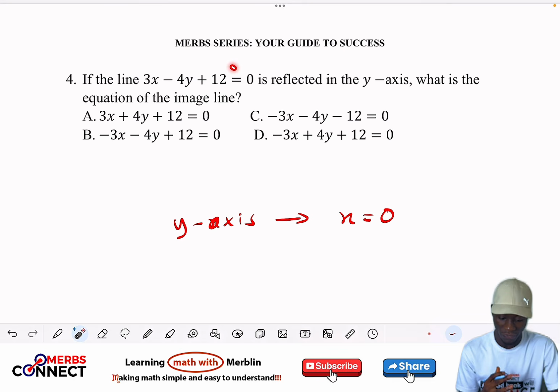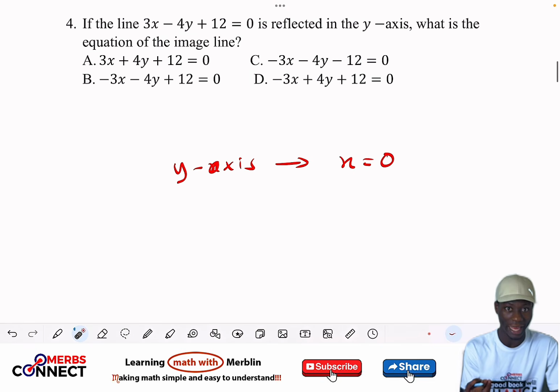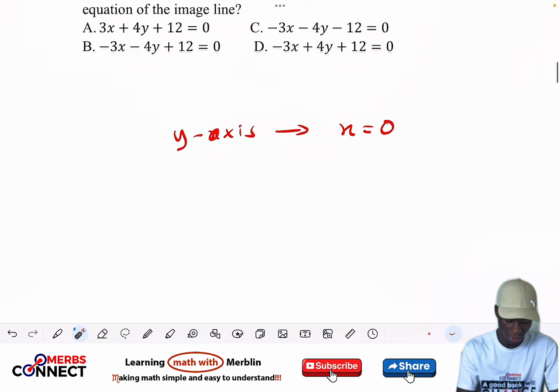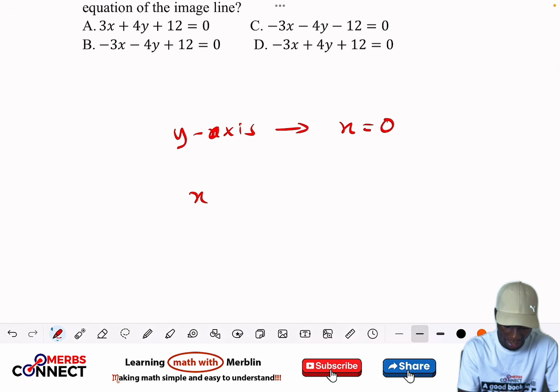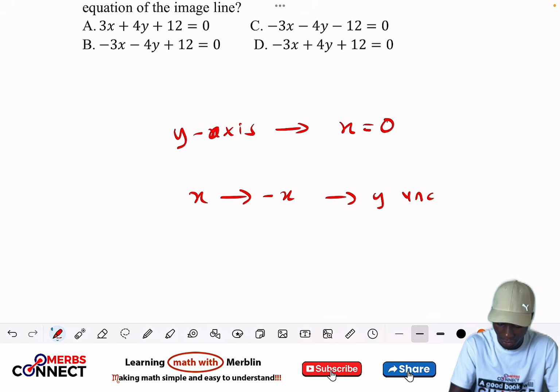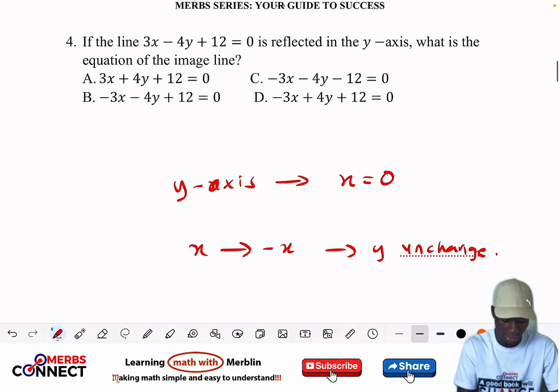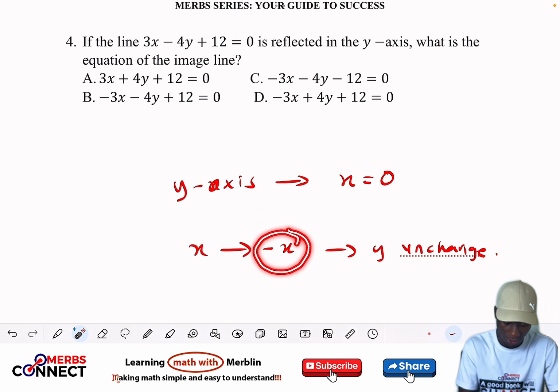So when I reflect this line here on the y-axis, it's going to change the x values to negative values. So my x is going to move to minus x, and my y is going to remain unchanged. That's basically what is going to happen here. So all I need to do is substitute x by minus x, and then I'm done.